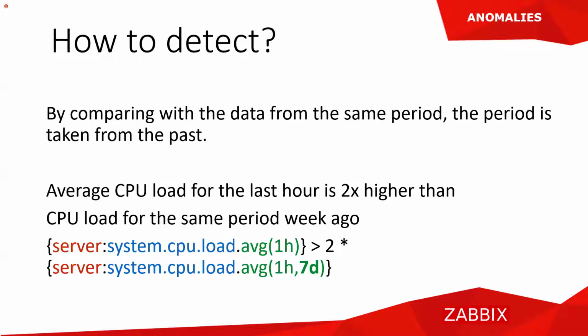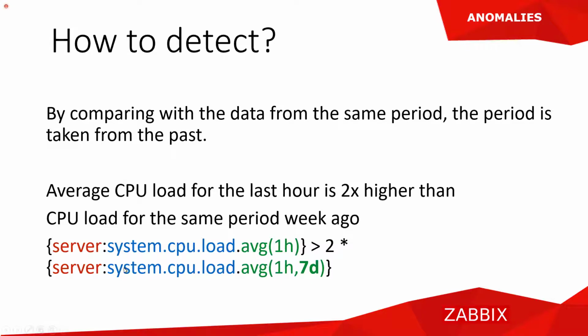How? Well, for that you need to compare two trigger functions. Let's say we want to compare the average CPU load for the last hour with the CPU load for the same period but from a week ago, and check if the current one is not 2 times bigger than for the previous week.